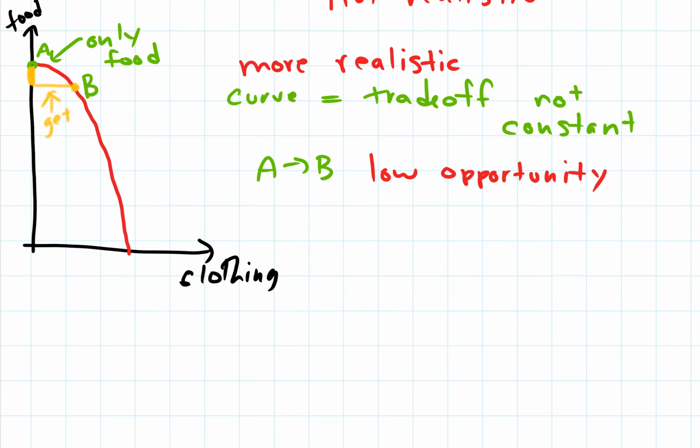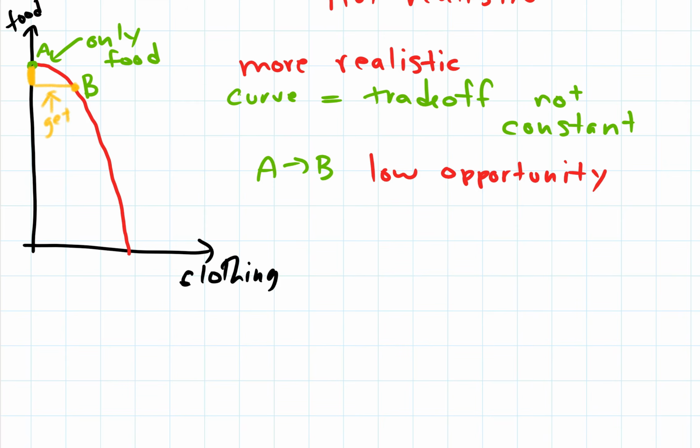But why would this be low? Remember, when we're doing only food, we're putting all our resources in food, and we're assuming here that we have different kinds of resources. To keep this simple, we're shifting resources from food that might not be very good at food. For example, let's suppose we have two kinds of workers: workers trained and suited towards farming, and workers trained and suited towards making clothing, so fashion designers or garment workers versus farmers and agricultural scientists.